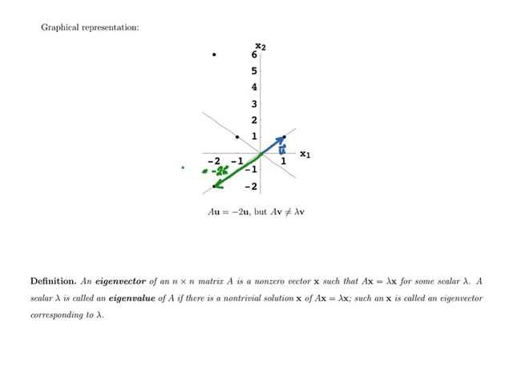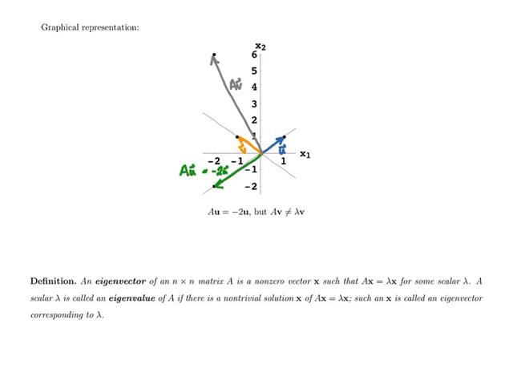As opposed to v, when we multiplied by A, we're left with something that's not on the same line as v. In this case, we have something up there. So an eigenvector is going to be something that lies on the same line as the original vector. It's a constant multiple of that vector.